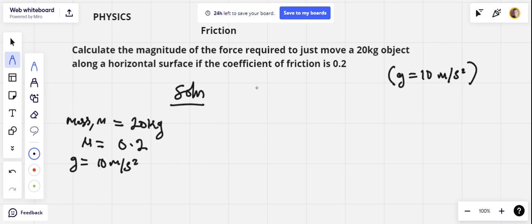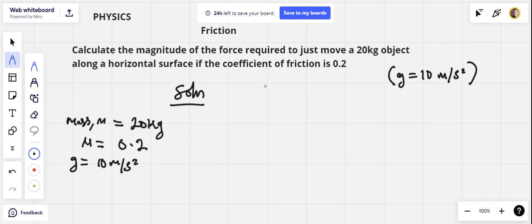When you talk about limiting frictional force, it is the maximum frictional force between two surfaces, and if you overcome that maximum frictional force, that's when you are now able to slide that body along the surface.